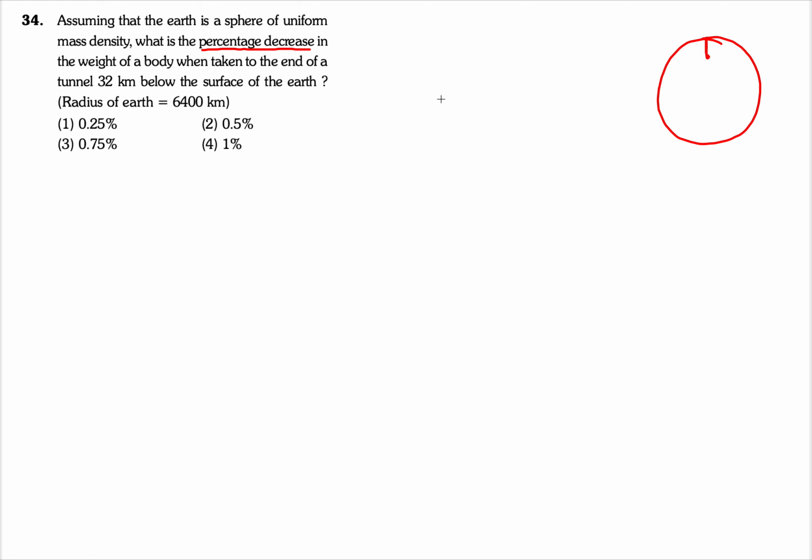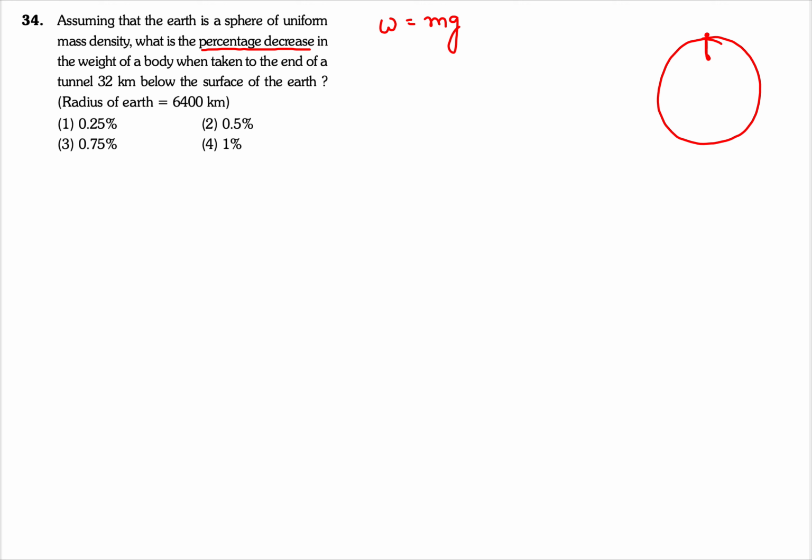Okay, so we know that the formula for weight equals m into g. Mass will not change for the object, but g will change. So initially g at the surface of the earth and change in g, so final g will be at this point.